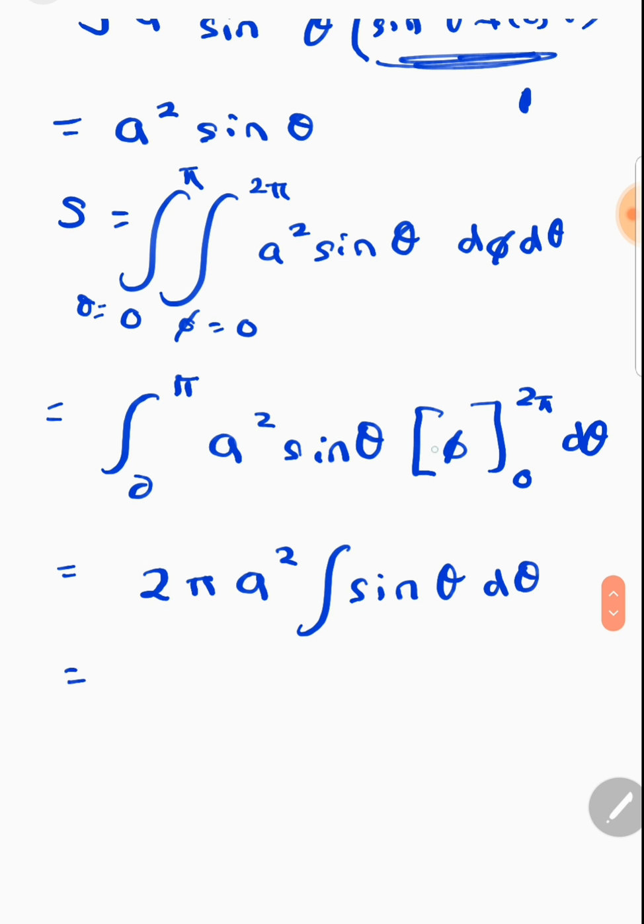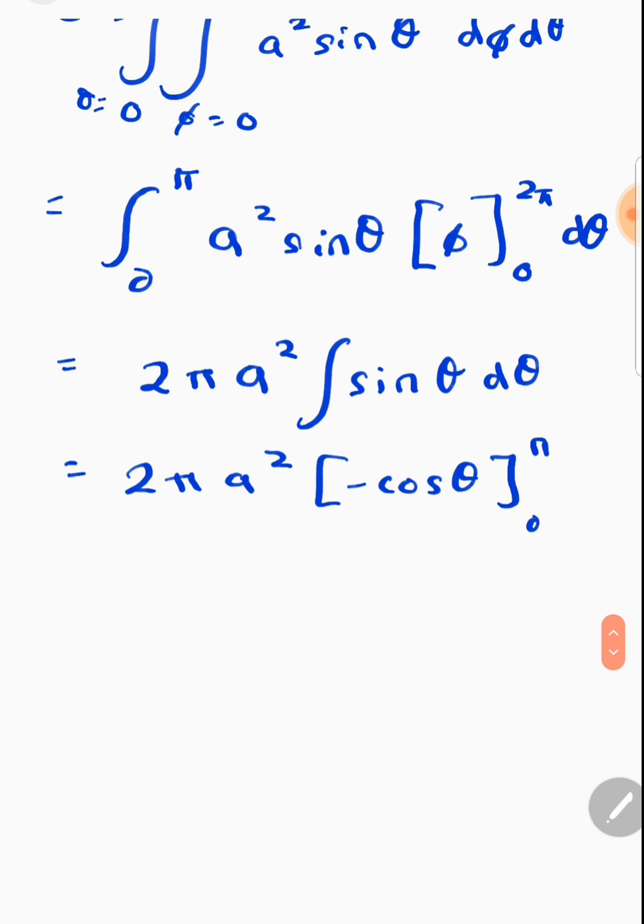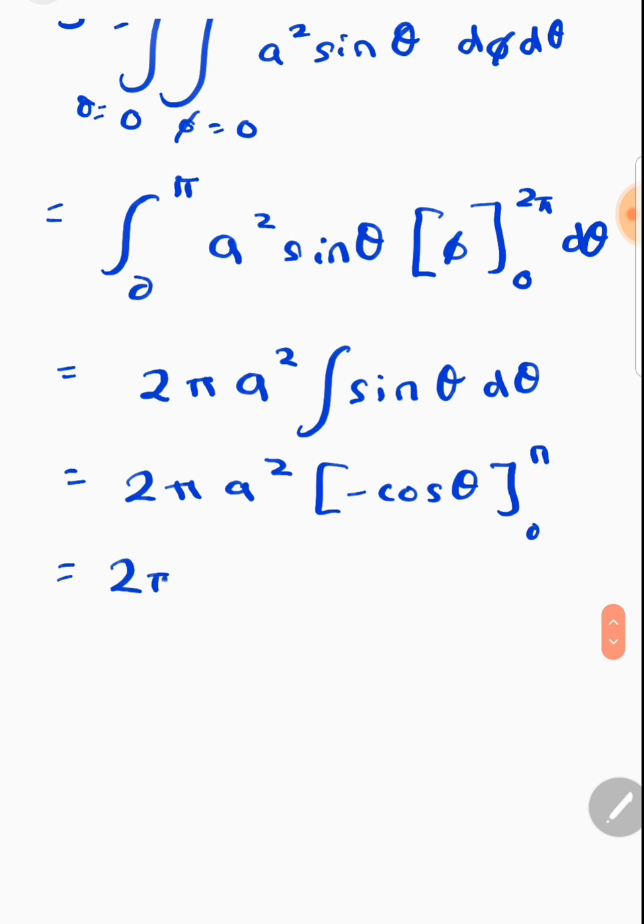This leads me to negative cos theta from 0 to pi. So this will give me 2 pi a square times negative cos pi minus cos 0, right? Minus gives me a plus.